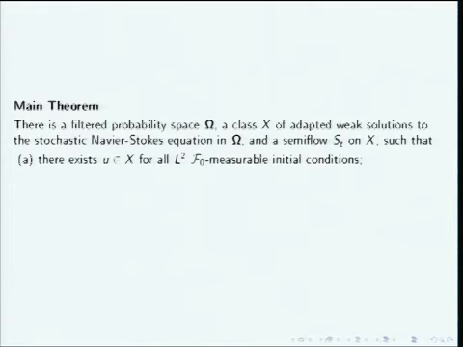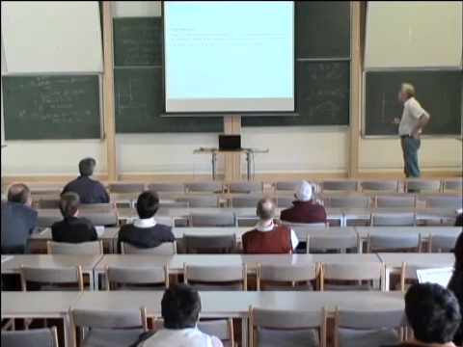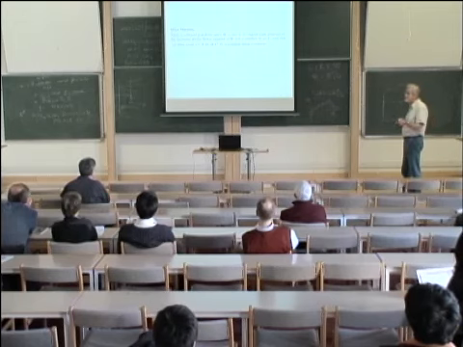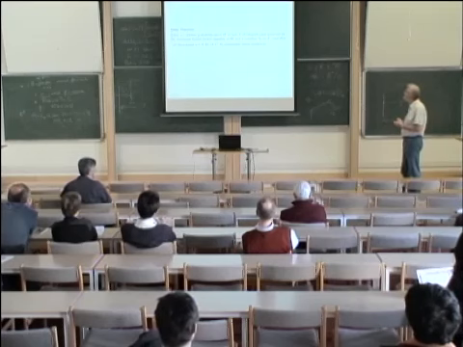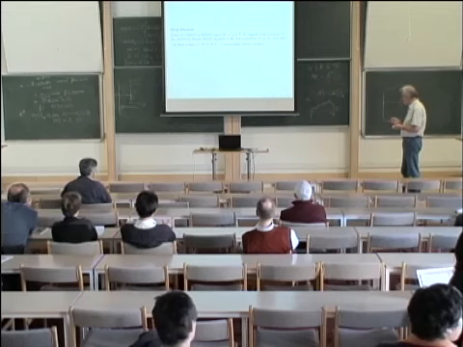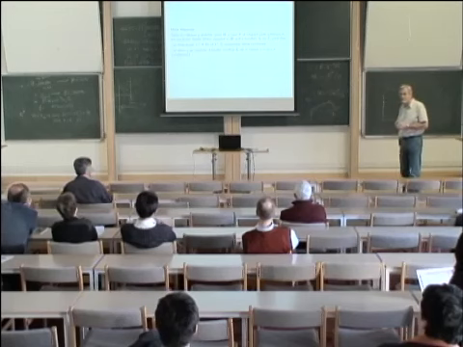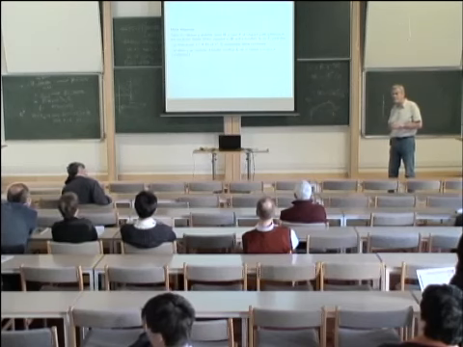That's one way. I mean, there are different ways to put the main result, but here's one way to put it. We can define a space and a very natural class of solutions. Is that okay, good enough?